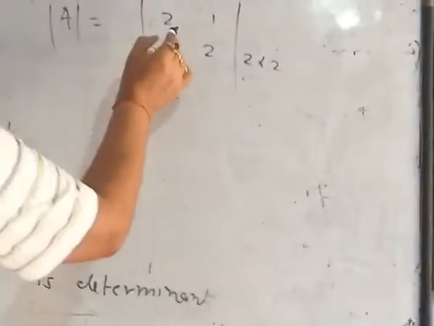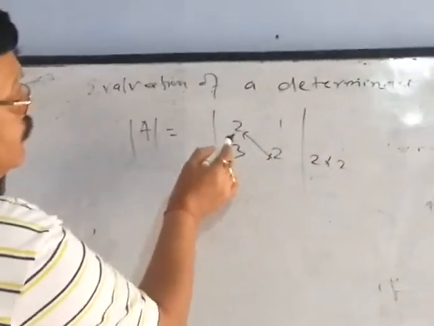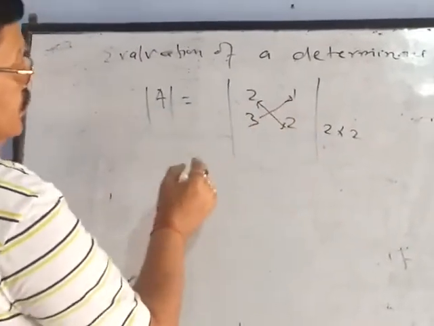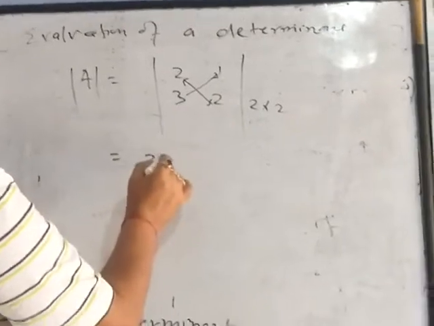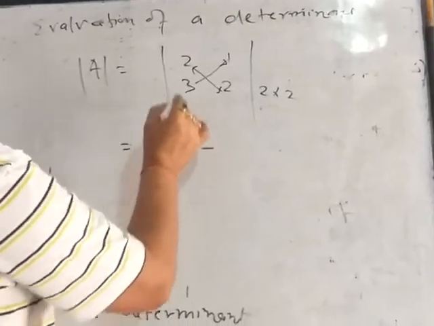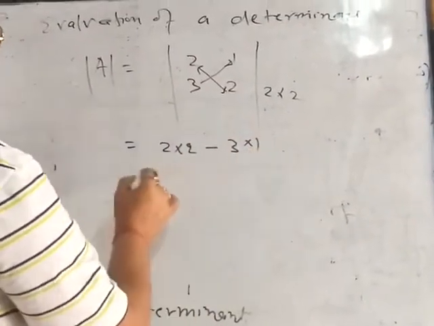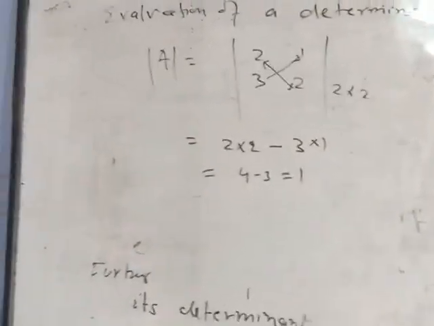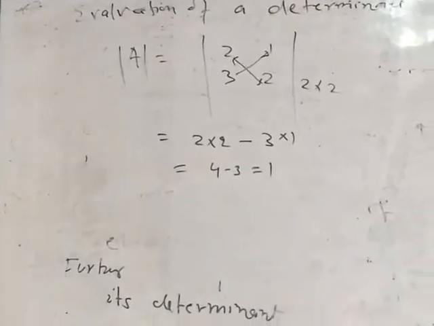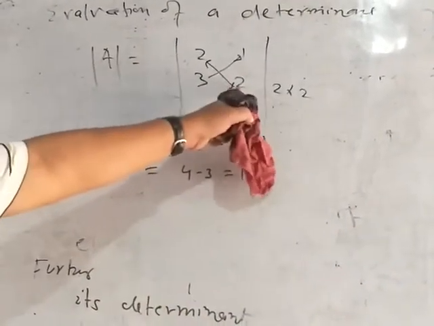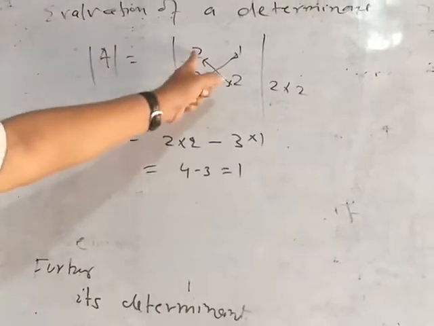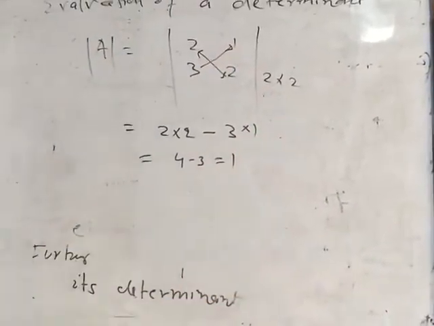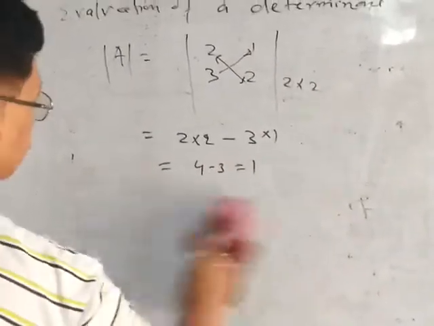Here we multiply this and this first, minus the product of this and this. So 2 into 2, minus 3 into 1. So 4 minus 3, 1. This is the evaluation of a determinant of order 2.